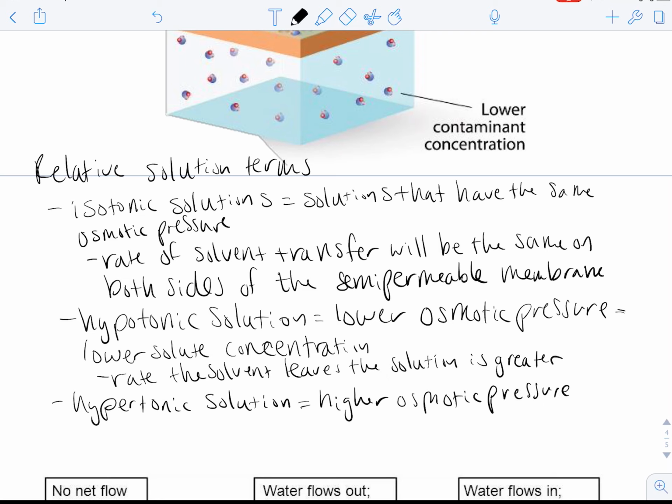And since it has a greater osmotic pressure, it means that it has a greater solute concentration. So it'll have a rate of solvent going into the solution that is greater.